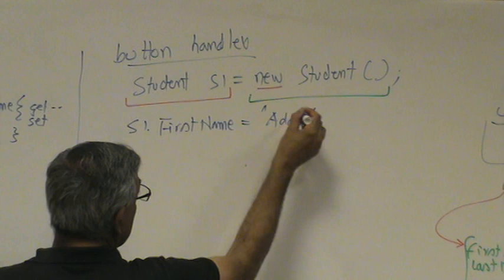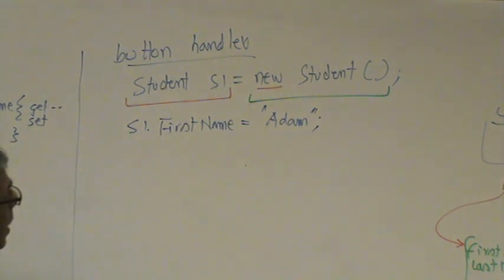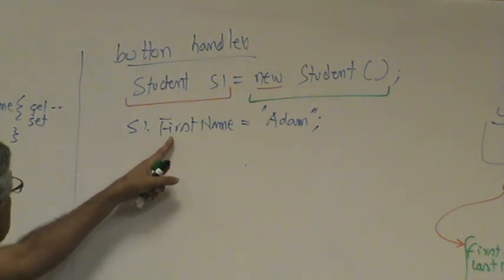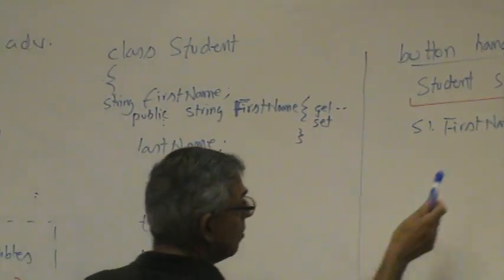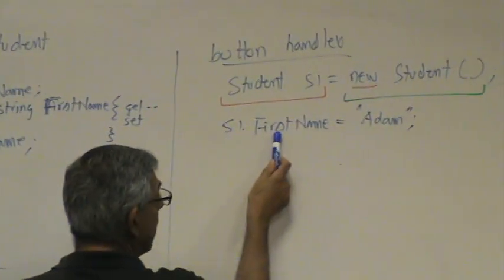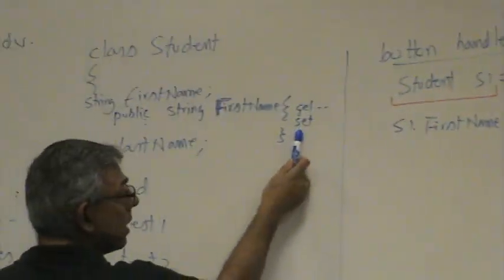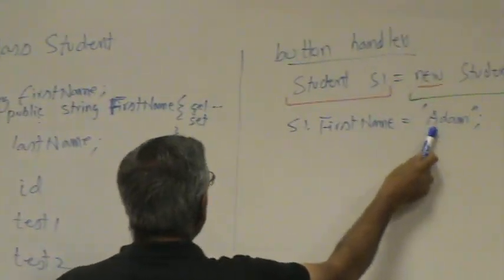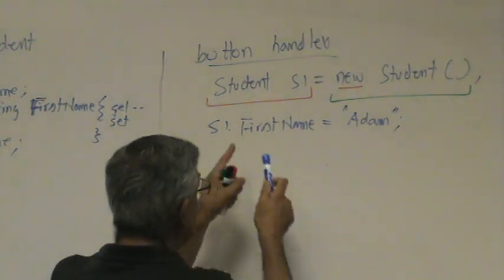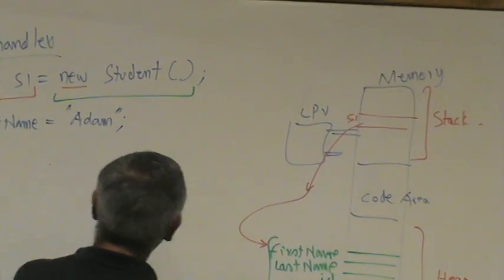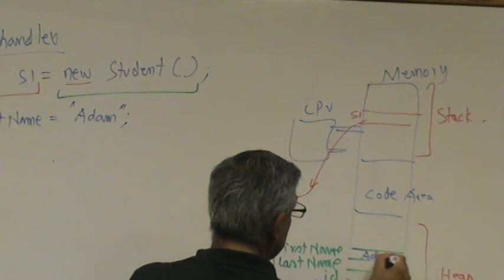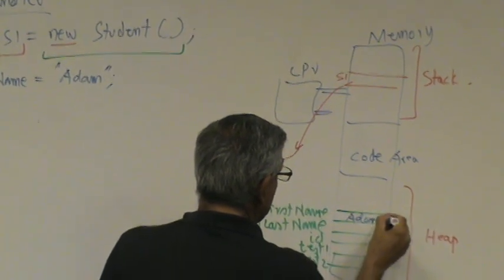Now let's take a look, what will this do? First name is a wrapper for get and set, and because this is appearing on the left hand side, that means the set will be called and Adam will be stored over here. So the computer will start from S1, come to the first name, and Adam will be stored over here, right?